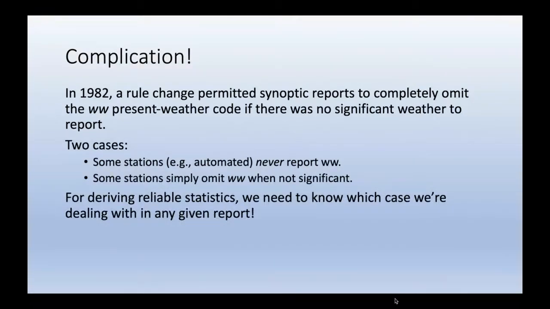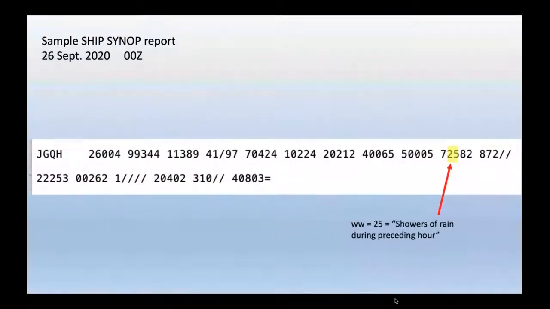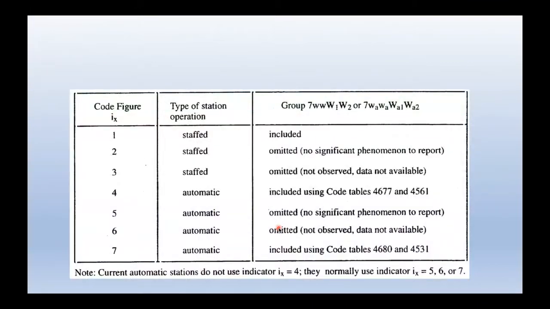Fortunately, it turns out that they've added another code, which is called IX, which is basically an indicator that tells you, in the case of different standard or automatic stations, whether or not the present weather code was omitted because they simply never report it, or it's not available, or because it's not significant. And so that allows you to, fortunately, distill the data down to something where you have a pretty clear idea of whether or not there was significant weather report, and not simply that it was not being reported at all.